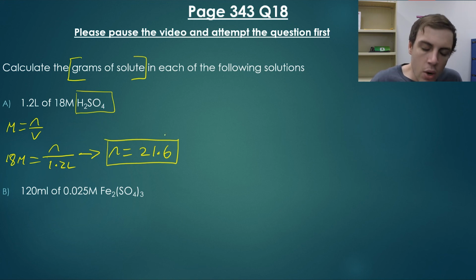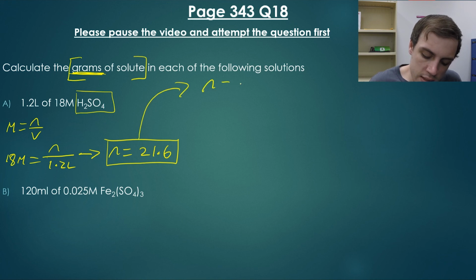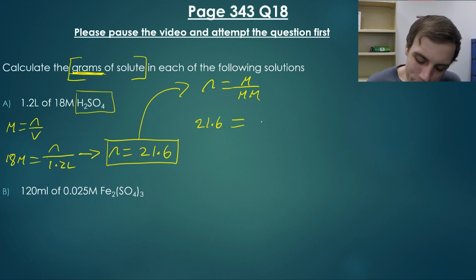Now that we know the amount of moles, we can now convert this into mass or grams. So we go over here, moles is equal to mass over molar mass. So the number of moles, which is 21.6, is equal to the mass, which we don't know, over the molar mass, 98.19 grams per mole.